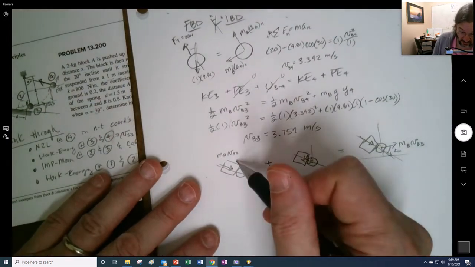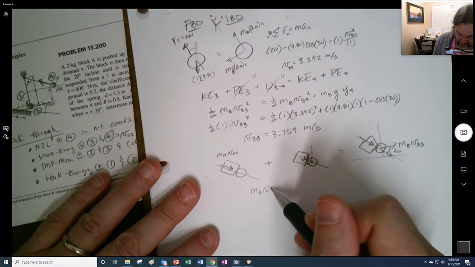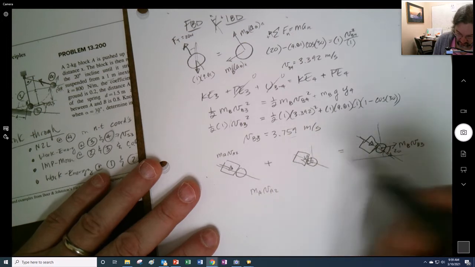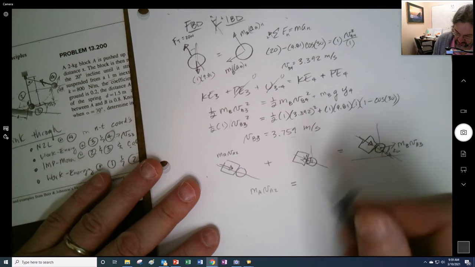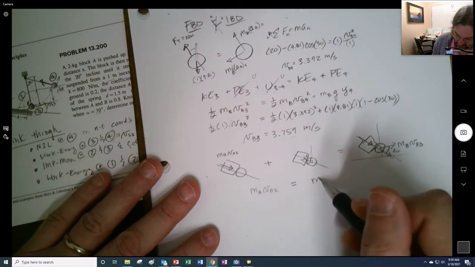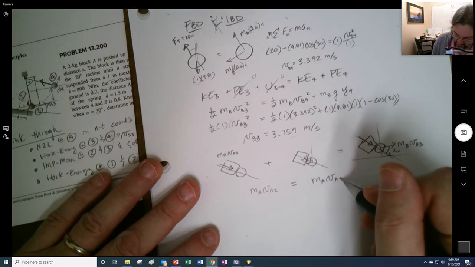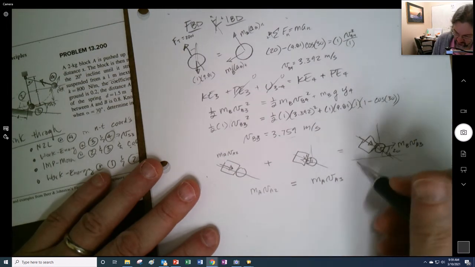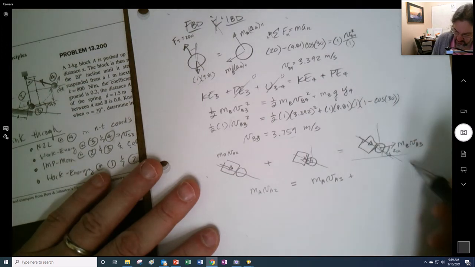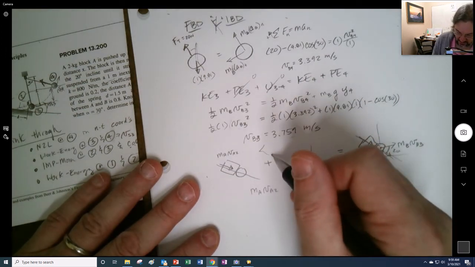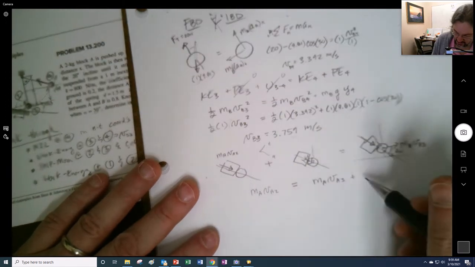So we write out that the mass times velocity A2 is going to be equal to, and this is in the normal direction right here, mass of A, velocity A3 plus, because we're going to call that positive, this is the normal direction, that's the tangential direction, let's say.